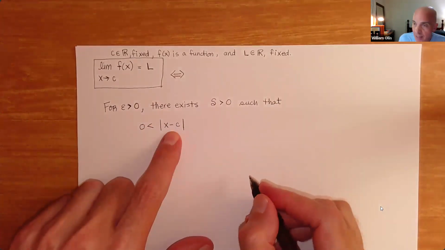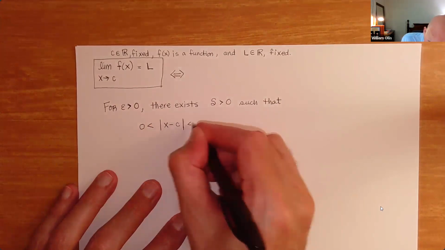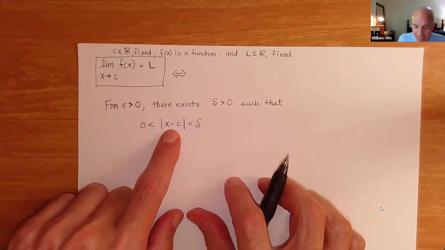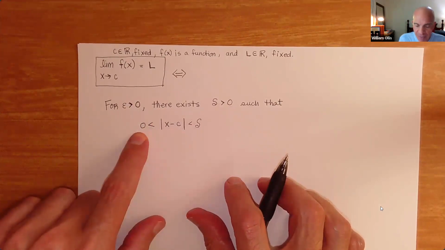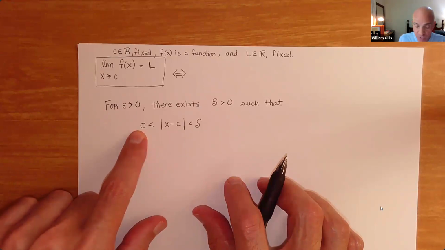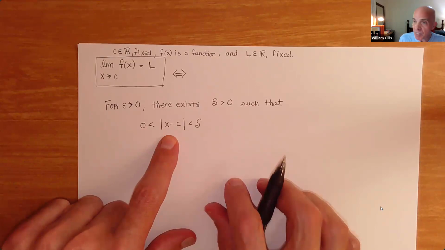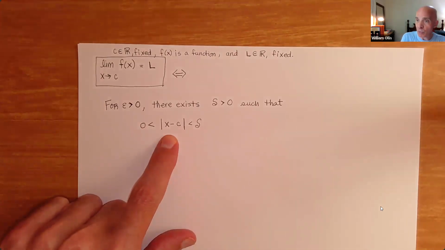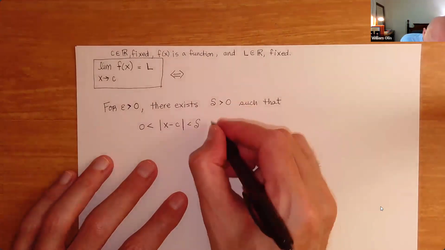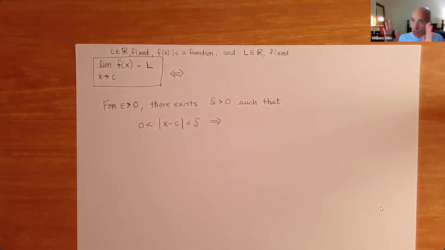That is, we're looking at the distance between x and c. If it is less than delta, but again, we're prescribing that x does not equal c by this absolute value or this distance being positive. So this greater than 0 is important. That basically says, as we said before, x was not equal to 0. Here in general, x is not equal to c. This will imply that we can make f close to L.